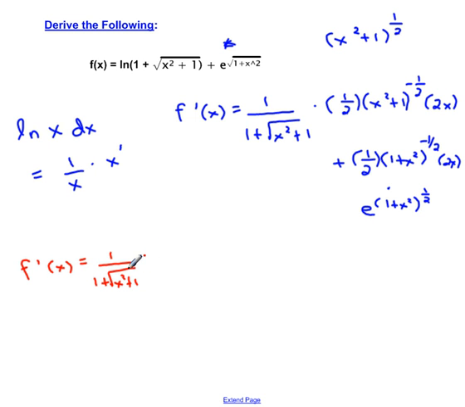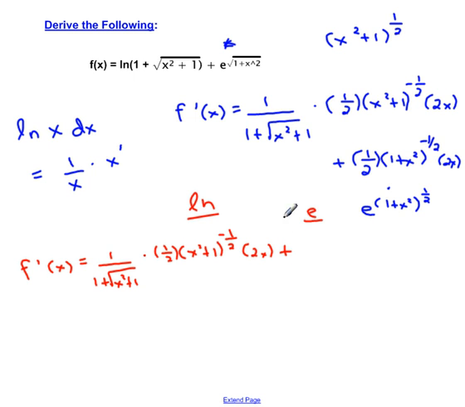Multiplied by the derivative of that expression, which is 1/2 times x squared plus 1 to the minus 1/2 times the derivative of the inside, which was 2x. Okay? Plus my e part, so this is like my ln part. Then my e part is going to be here, the e.